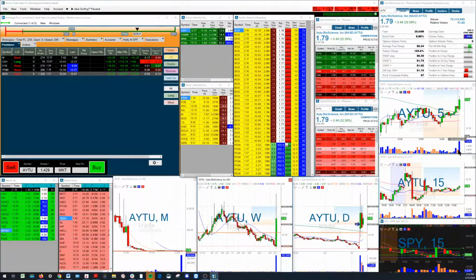It's still kind of a drop in the bucket to what it's traded today, 72 million, but since 11:10, definitely the biggest 5-minute bar. Why? Who knows?